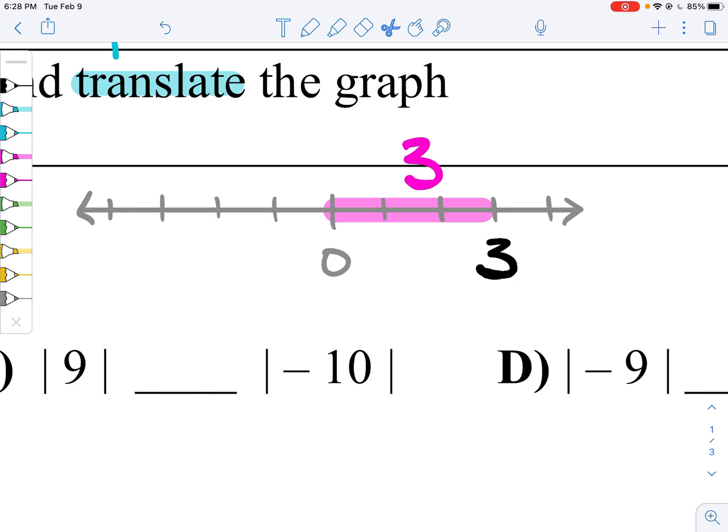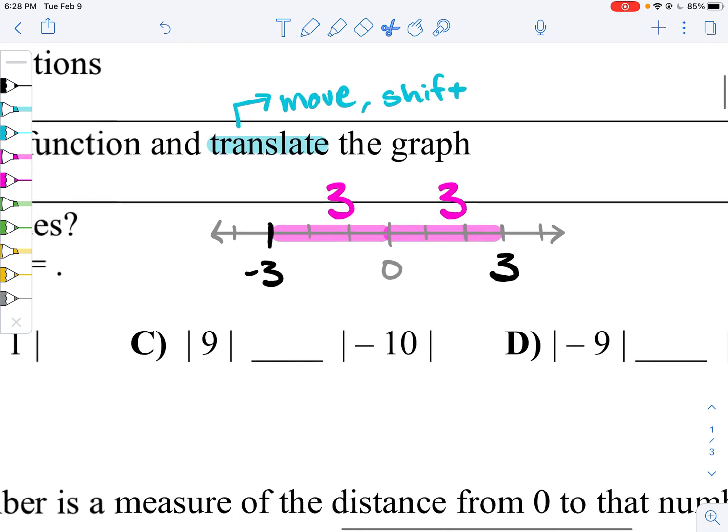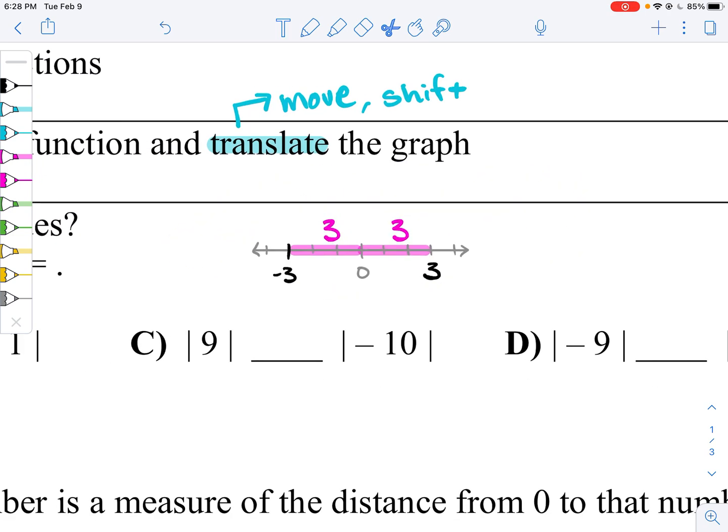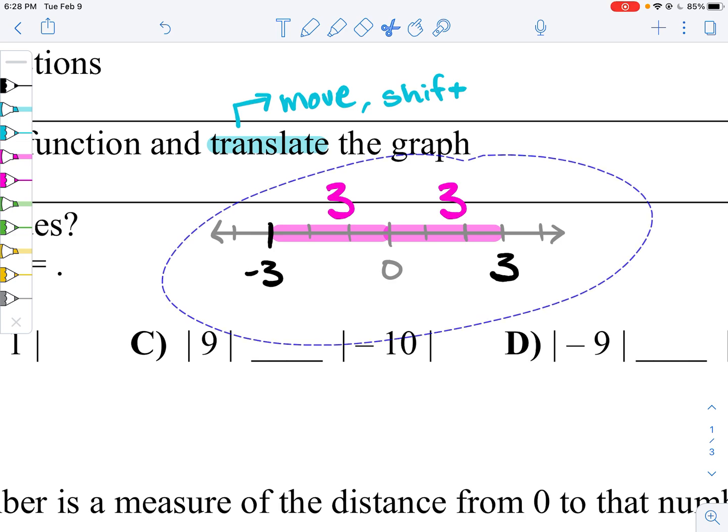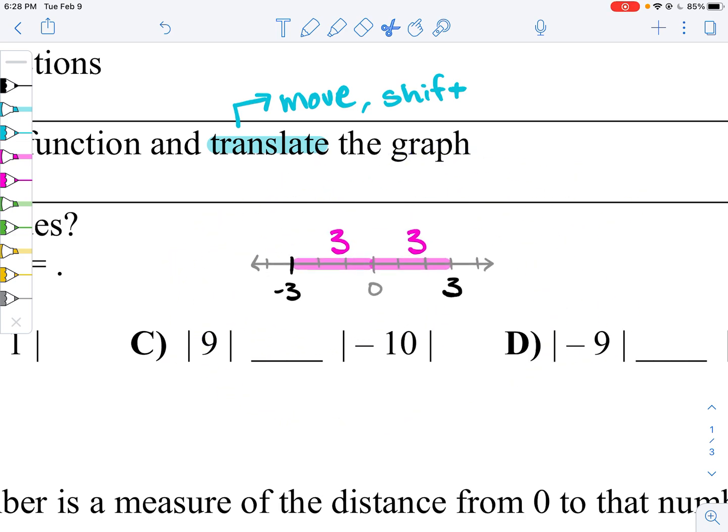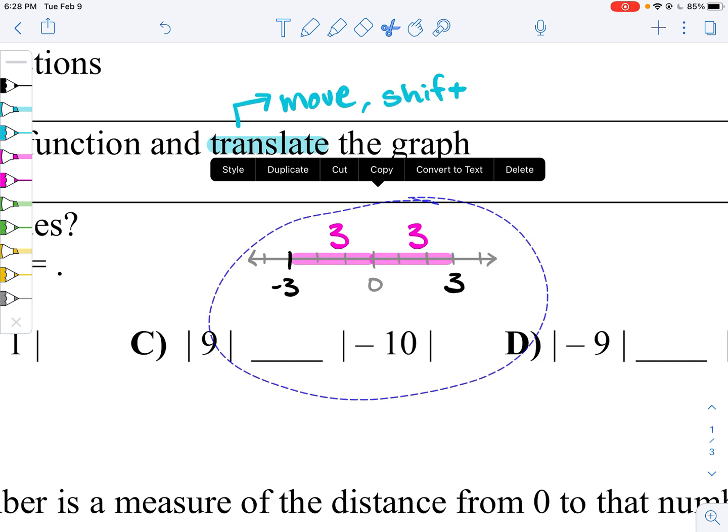The absolute value of -3 is also 3 because it is exactly the same distance away from 0. So the absolute value of -3 is in fact 3. That's technically what absolute value means. I just think of it as don't put a negative on it.